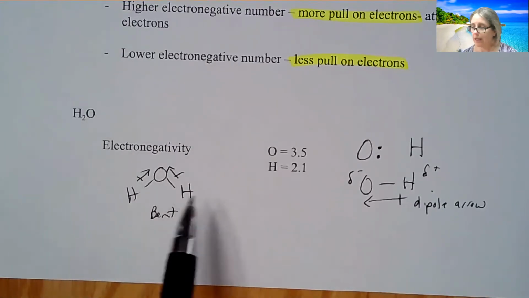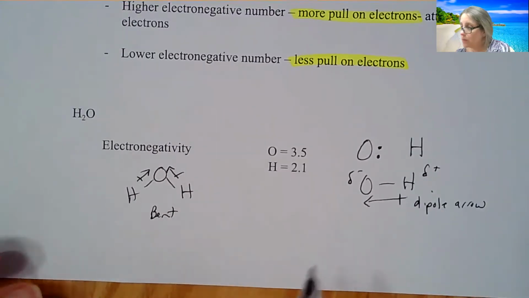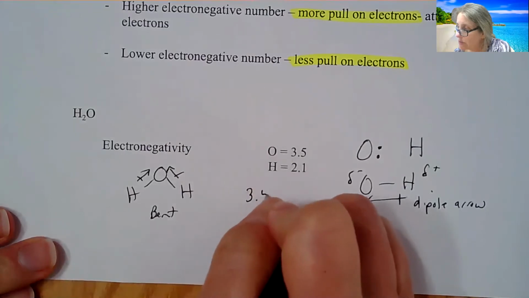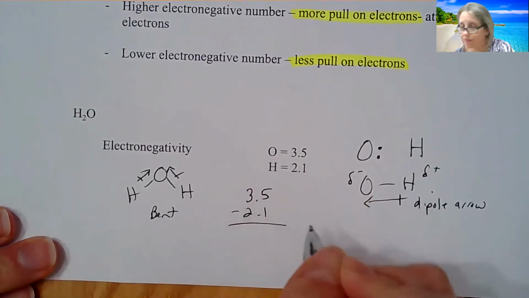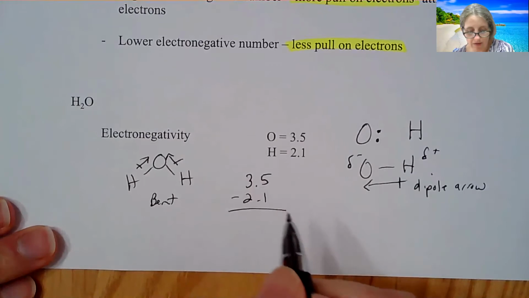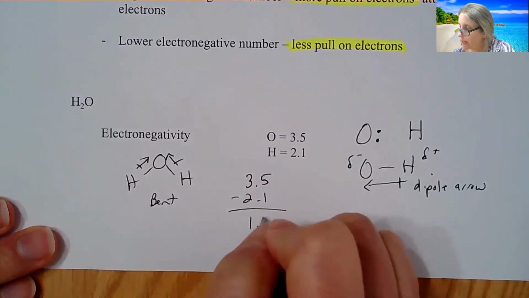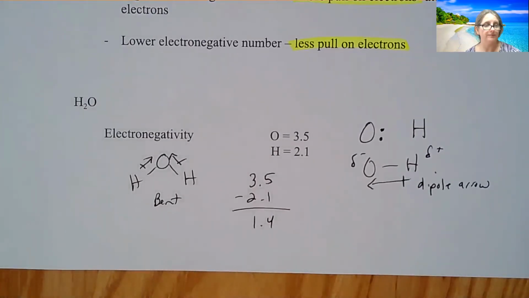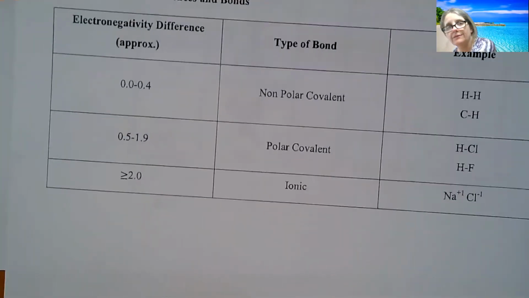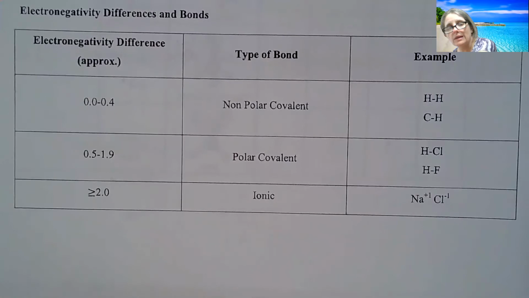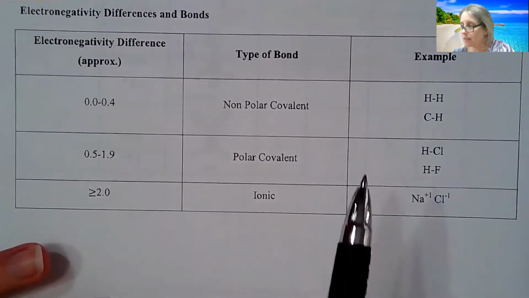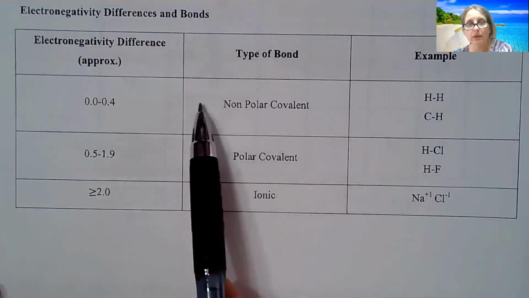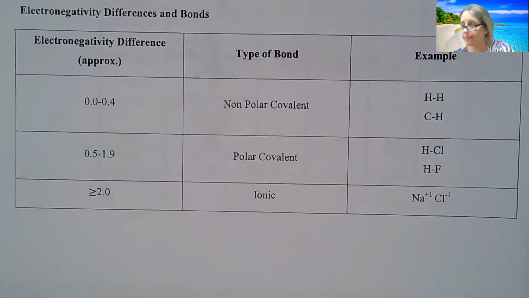Well, when we're looking at electronegativities, what we're going to be doing is taking the two numbers and finding what we call the difference. So if I take 3.5 and subtract 2.1, I get a difference of 1.4. So we are going to say that if the difference between those two numbers in the bond itself is between 0 and 0.4, we're going to consider that to be non-polar, okay?